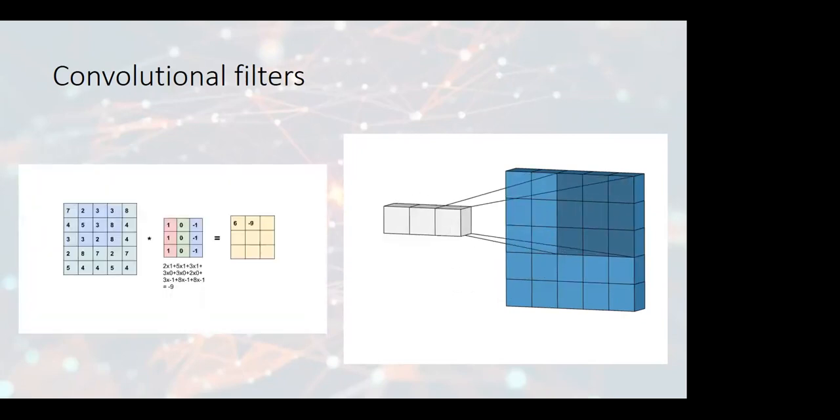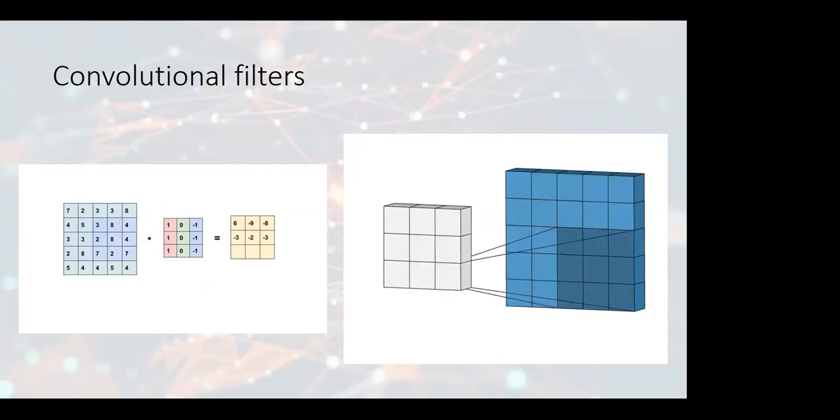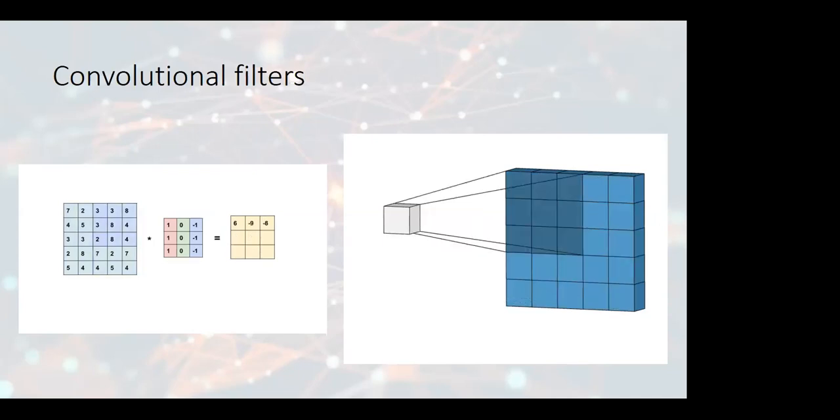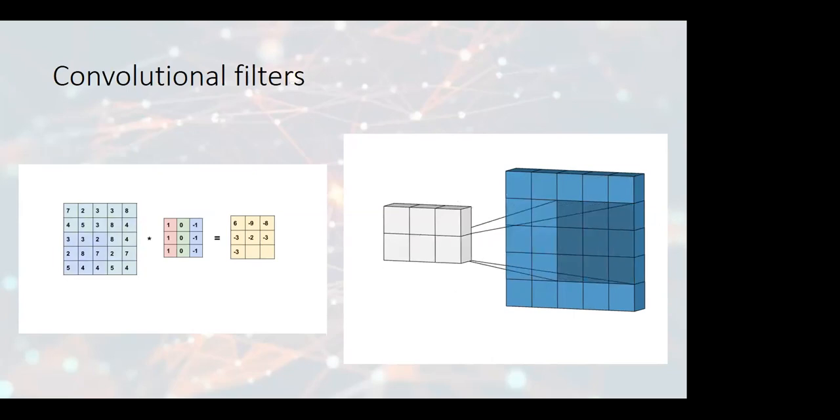To put some numbers into what's happening, we can see an image represented by some pixel magnitudes on the far left, and you have a filter, which is the one in the middle. The next layer is obtained by iteratively taking dot products or element-wise multiplications and moving over the entire image.